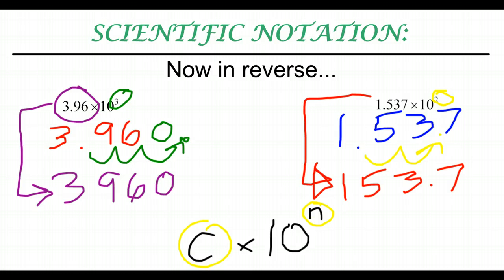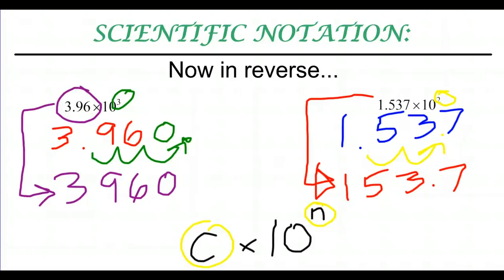Every one that we need is going to have to be contained within the c because the power of 10, 10 to the second, 10 to the third, 10 to the seventh, eventually, but not right now, 10 to the negative fourth, is going to add no digits. It just moves the decimal place.